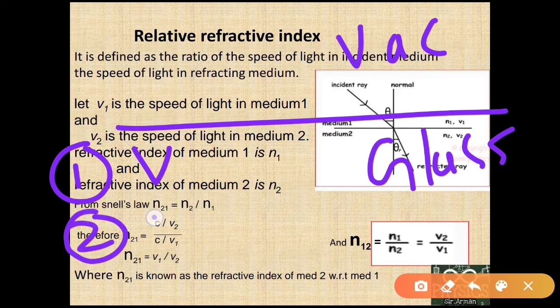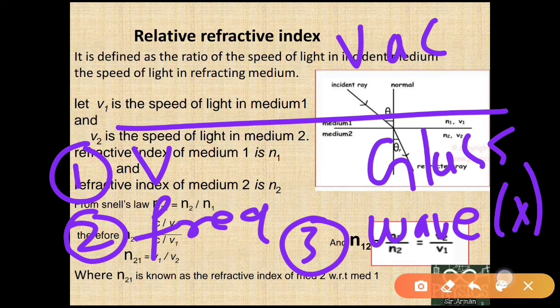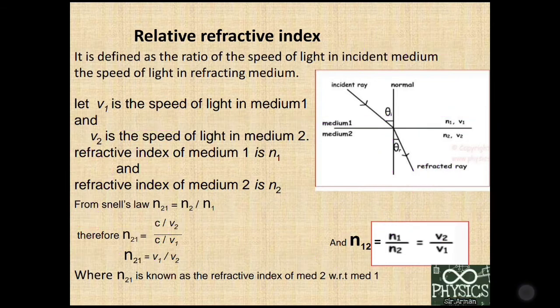Option 2, frequency. Option 3, wavelength. Wavelength means lambda. So which of these three quantities remains constant when light travels from one medium to another medium? If possible, give an explanation, or just give the correct answer.